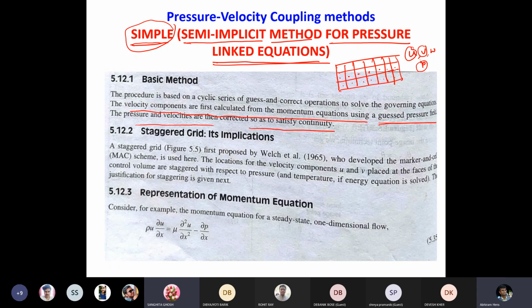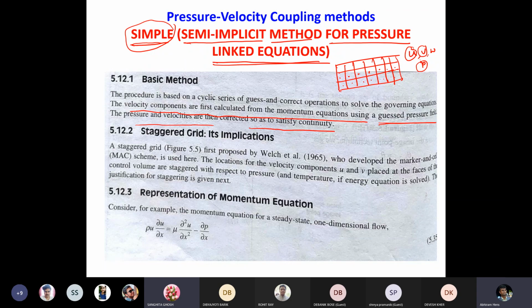Since you have taken a guessed pressure field, the velocity will not be correct, so it will not satisfy the continuity equation. If it does not satisfy, then you try to correct it, taking some other value. In that way, in each step you need to match this. When your calculated velocity satisfies the continuity equation, that means the guessed pressure field is correct.